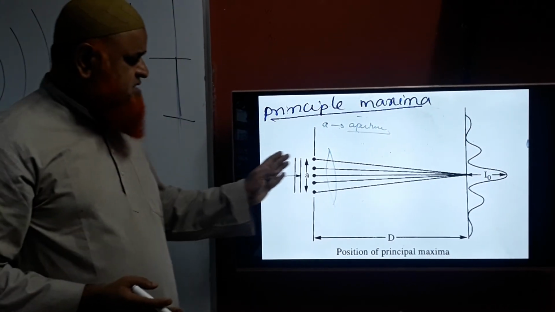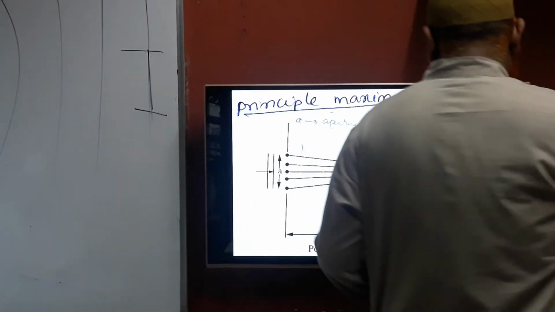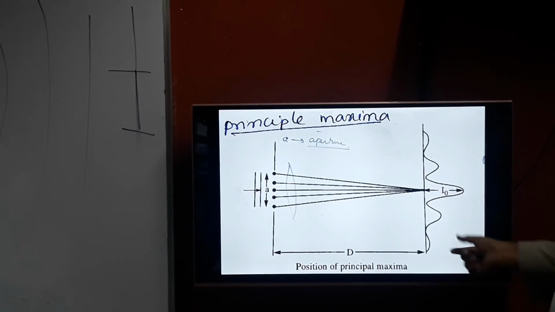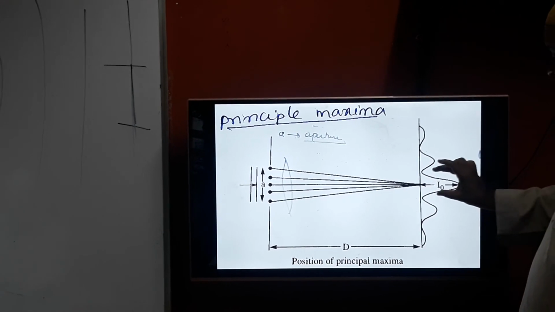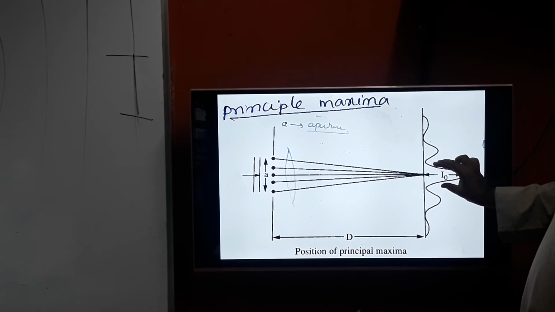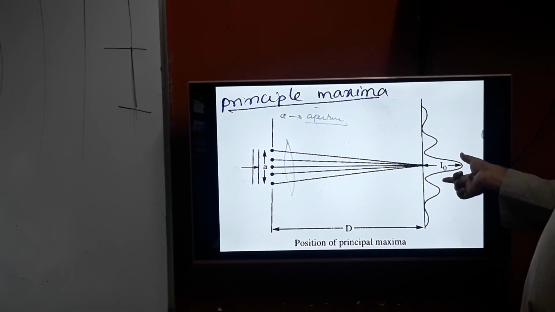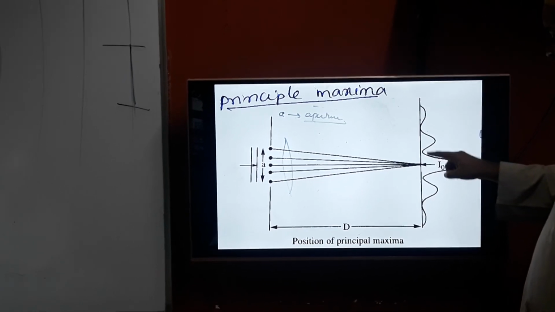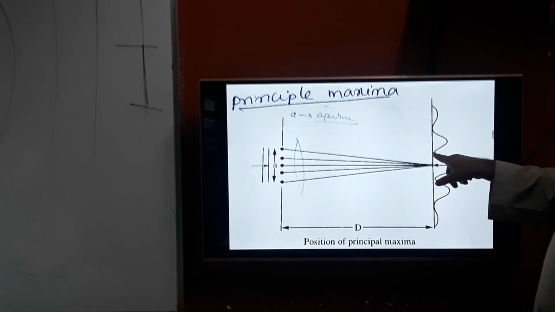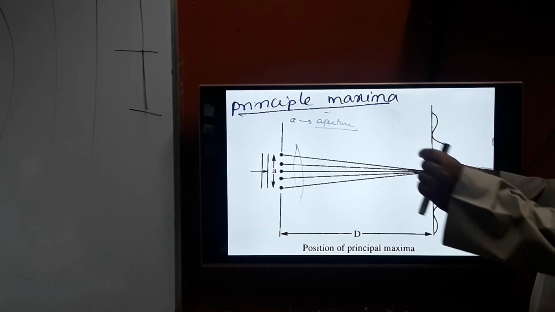So when you keep a lens, the light is definitely going to converge. And if you observe the diffraction pattern here, at the middle there is the principal maximum, also called the central maximum. It has maximum brightness, and this part is taken as the first dark fringe.